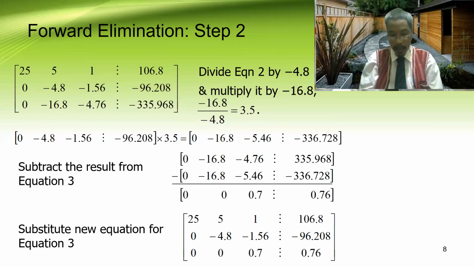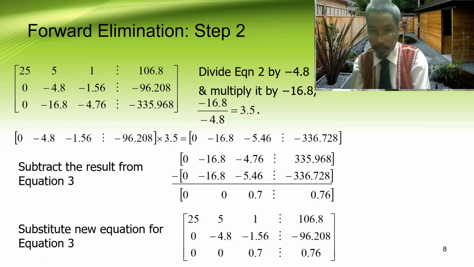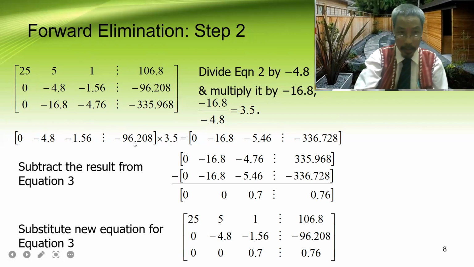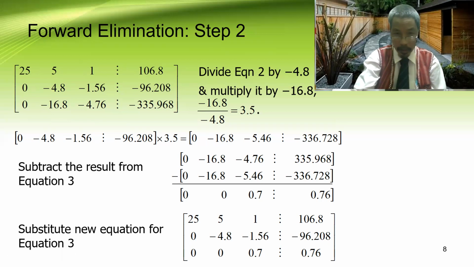So if you do that, let us multiply the second equation by 3.5. So this is negative 4.8. Multiply by 3.5. That is negative 16.8.